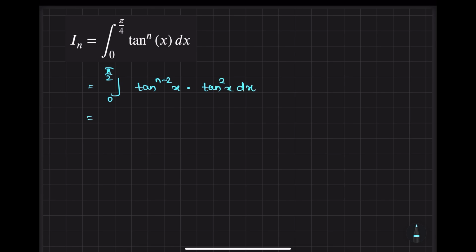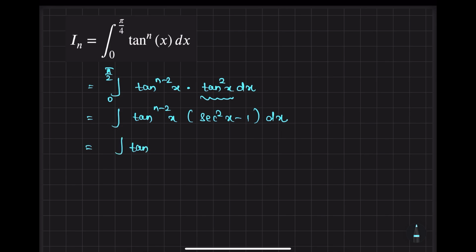Okay, now we will break down this tan square x into sec square x minus 1. So tan power n minus 2 x, and then we have sec square x minus 1. Okay, so we can create two questions.